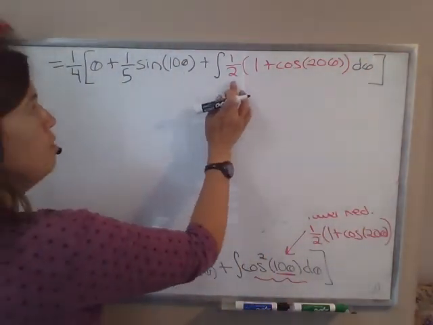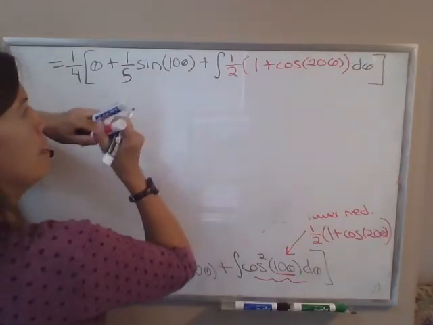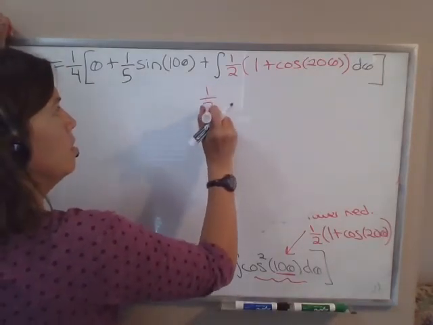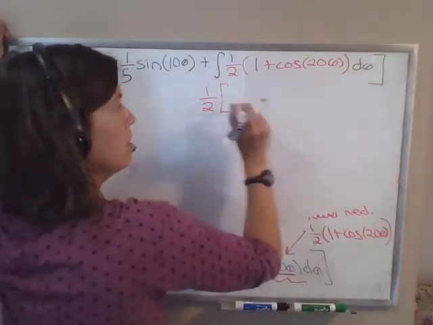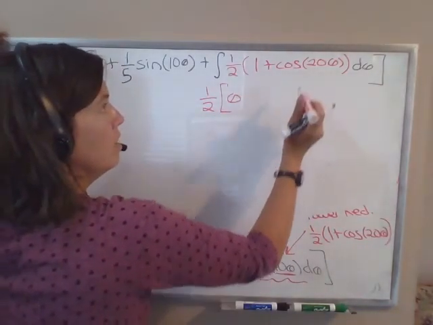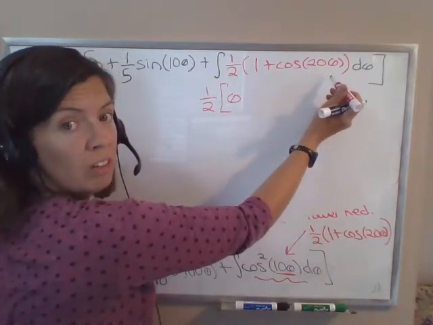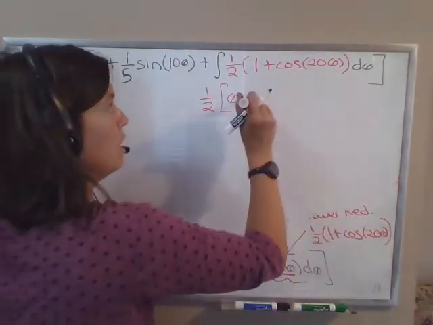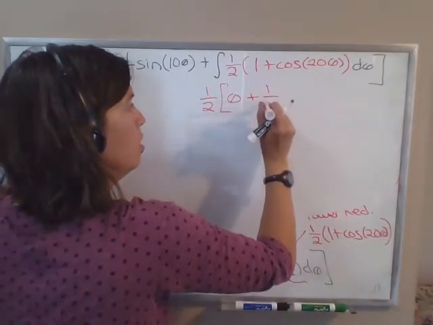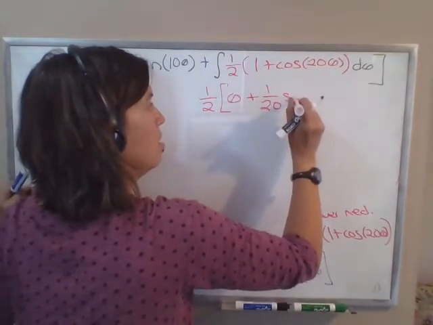So the antiderivative here, we could bump the 1/2 outside. The antiderivative of 1 with respect to theta is just theta. Antiderivative of cosine of 20 theta, so that's that old integral of cosine of kx, is 1 over k, so 1 over 20 sine of kx.